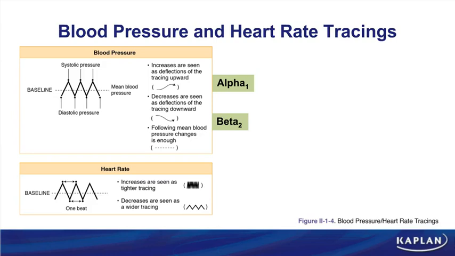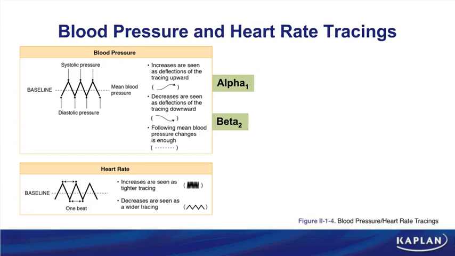When you look at heart rate, on this type of diagram, heart rate is shown by measuring from one peak to the next peak. You could also measure from a trough to another trough, but that represents one heartbeat. If the peaks, for example, were to get closer together, that would represent an increase in the heart rate, so that is tachycardia.